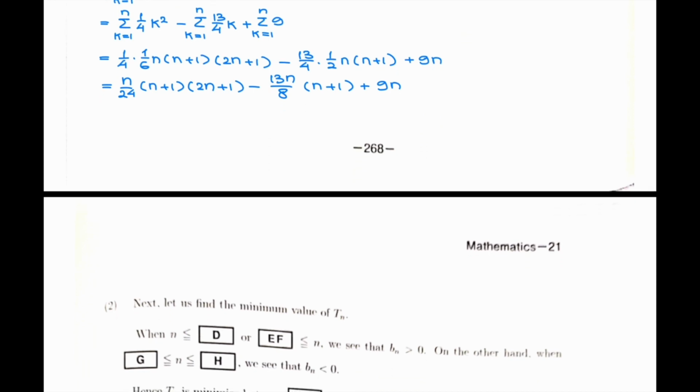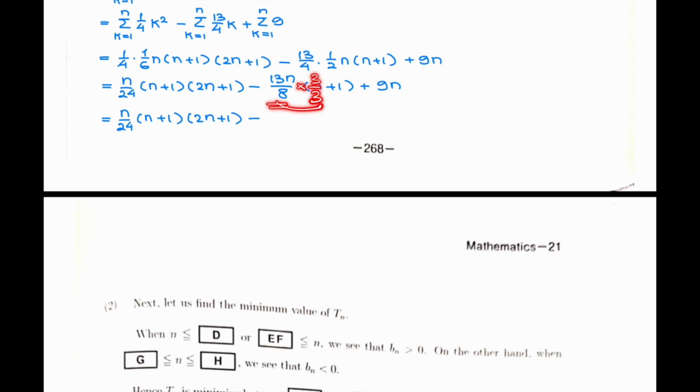I will make the denominator into 24 so we can factorize it. So for the first term, the denominator is already 24, so I do not need to do anything. For the second term, I can times 3 over 3 to make the denominator become 24.